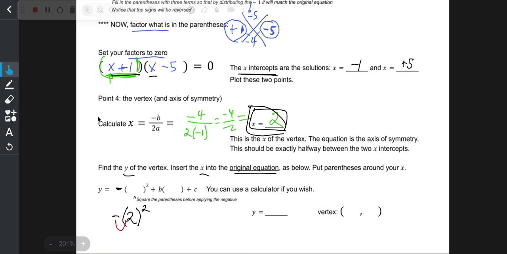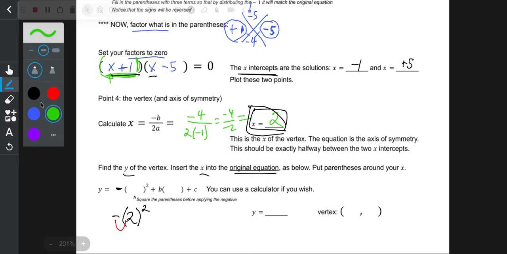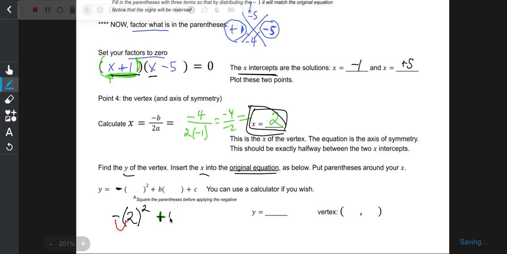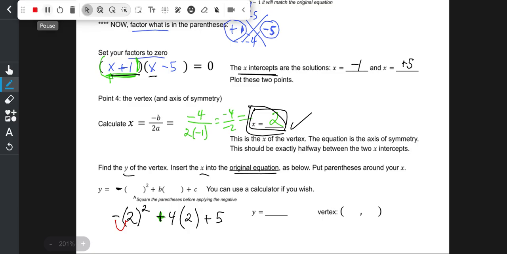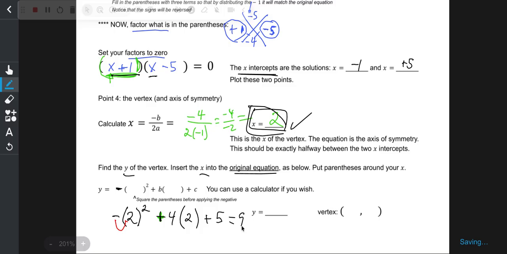So I put the x, which is 2, in parentheses, plus 4x, which is 2. Again, keep that in mind. X is 2 for this, plus c, which is 5. Okay, put all this in the calculator, and we get a y. If you do this carefully in the calculator with the parentheses in the right place, it should come out 9. So the y is 9.